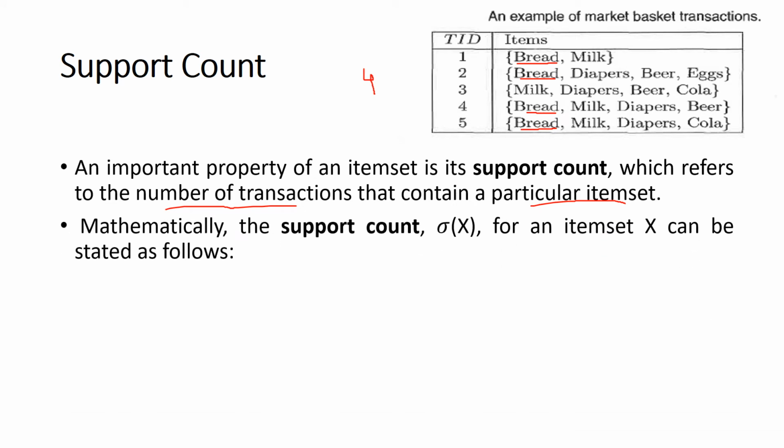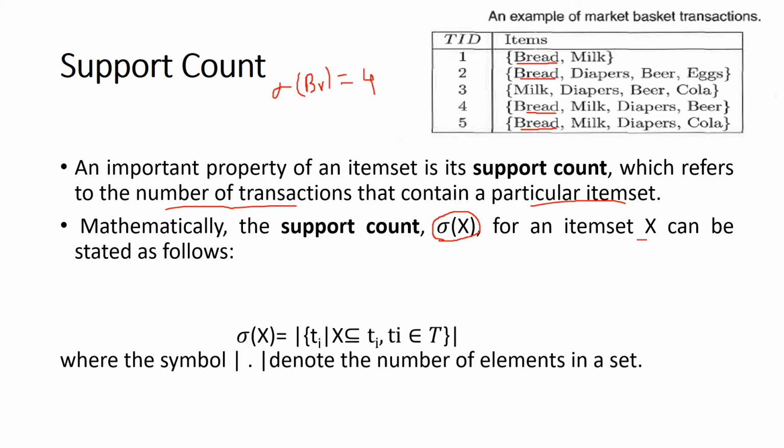Now the support count is referred to as rho of X. So the support count for bread is rho of bread, which is equal to 4. Mathematically, the support count rho of X for an item set X can be defined as follows.